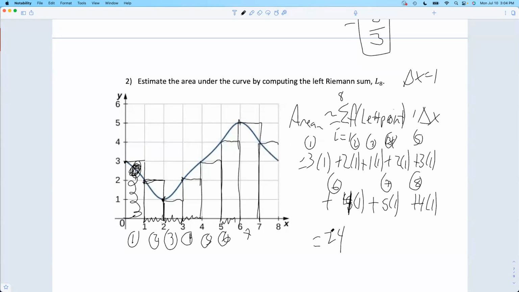Yeah, it was 24. That was using left-hand sums. We could play the same game using right-hand sums. And you'll see that on right-hand sums, in this interval right here, instead of having an underestimate, we would have an overestimate because our rectangle, if we used right-hand sums, would look like this.